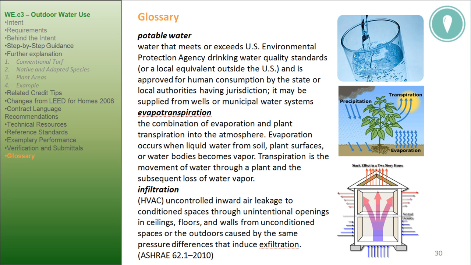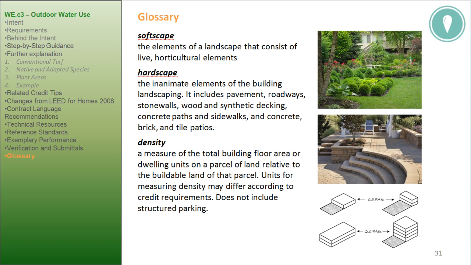Infiltration. HVAC: uncontrolled inward air leakage to conditioned spaces through unintentional openings in ceilings, floors, and walls from unconditioned spaces or the outdoors caused by the same pressure differences that induce exfiltration. ASHRAE 62.1-2010. Density. A measure of the total building floor area or dwelling units on a parcel of land relative to the buildable land of that parcel.